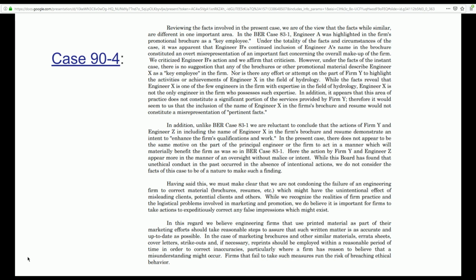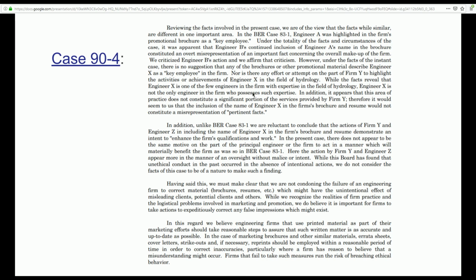So in the analysis, they go over a bunch of things, but one of the things they do is compare the case to another case, 83-1. So in 83-1, Engineer A was highlighted in the firm's promotional brochure as the key employee.